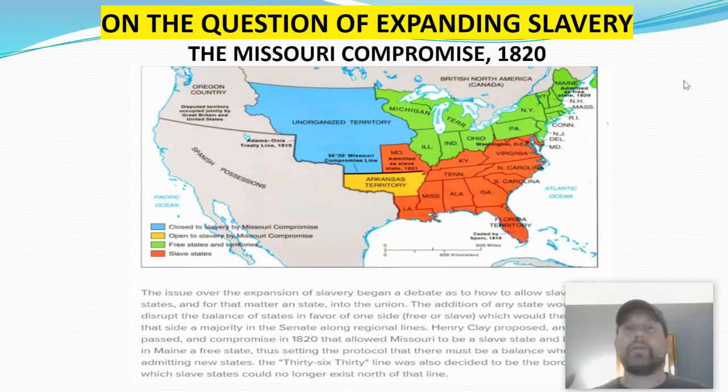The biggest debate over slavery during this time period, again, is on the question of expanding slavery as America moves west. How will the Western territories and the Western states deal with the issue of slavery?